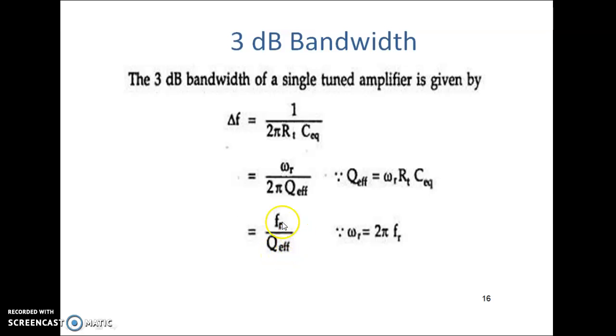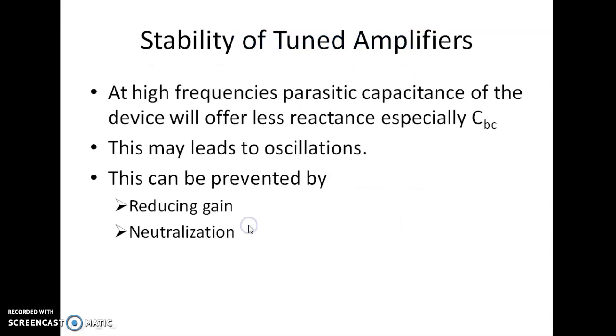Q effective in turn depends on my device resistance and capacitance. This is the drawback with single tuned amplifiers. There is one more problem with single tuned amplifiers: at high frequencies the parasitic capacitors of the device offer the least reactance, especially my Cb'c, and this will lead to oscillations.